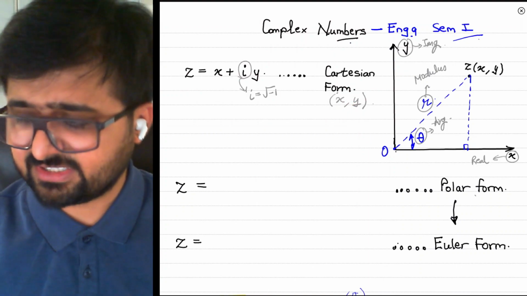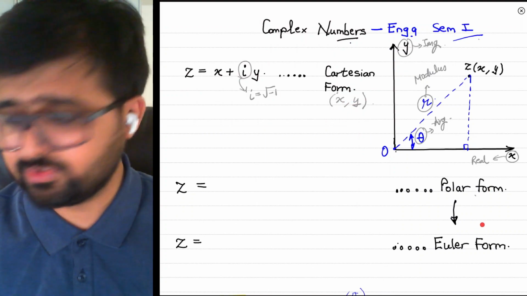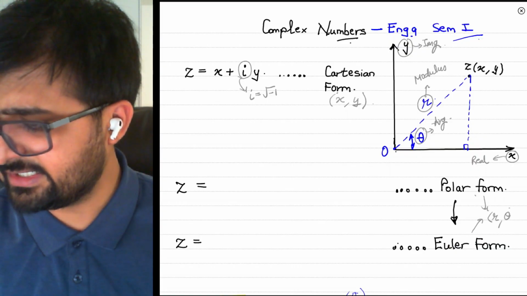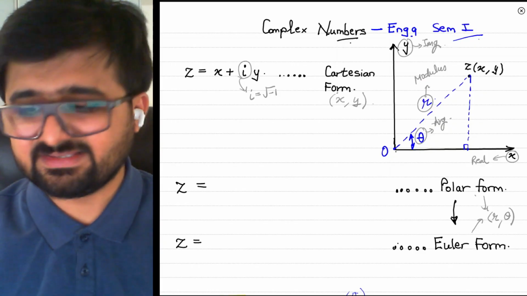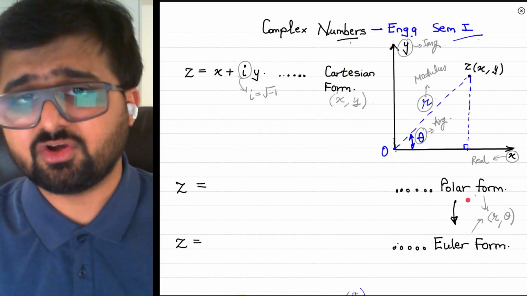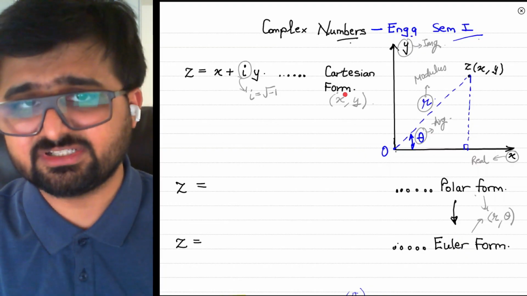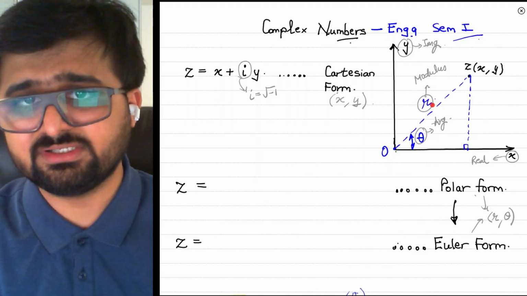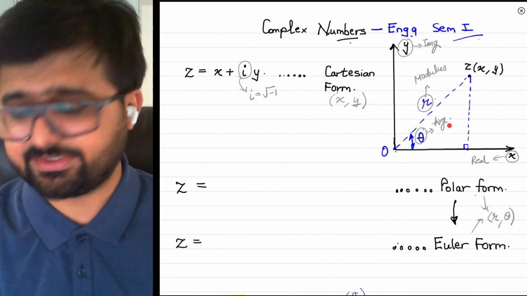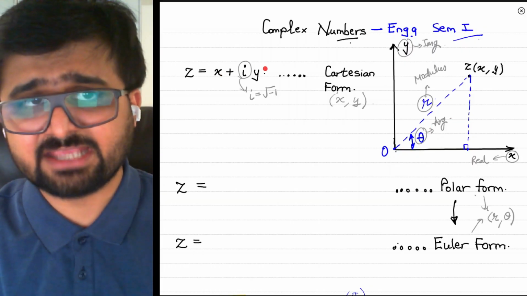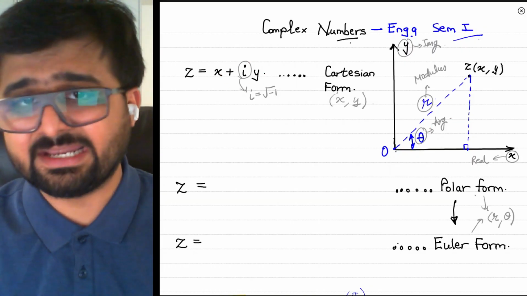If you're writing the complex number in polar form or Euler form, you write it in the form of r and theta. So basically, if you want to convert from Cartesian form into polar form or Euler form, you convert that x and y to r and theta, where r is your modulus and theta is your argument. Let's see how to convert that x + iy in terms of r and theta.